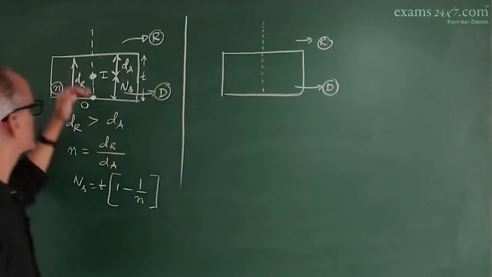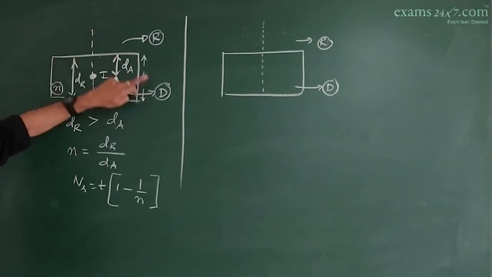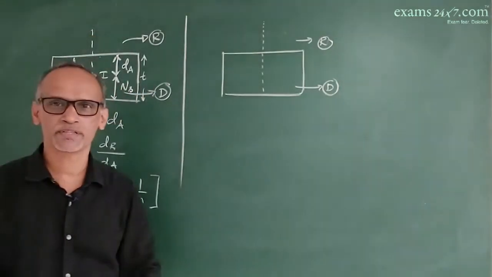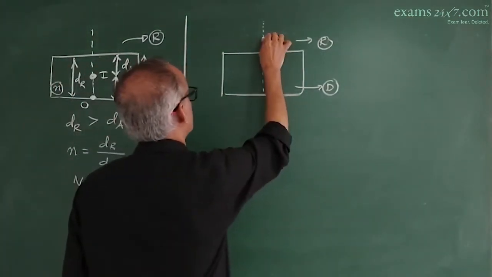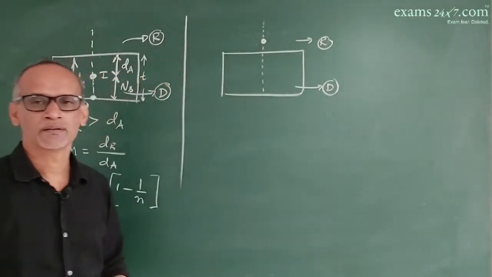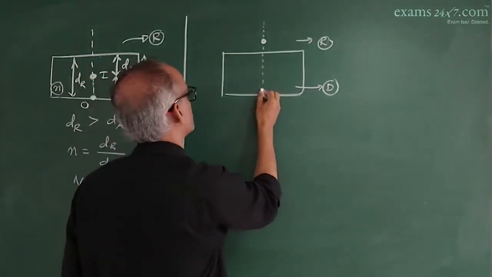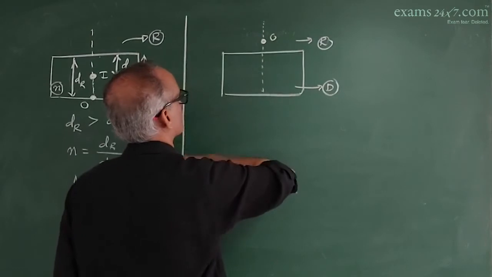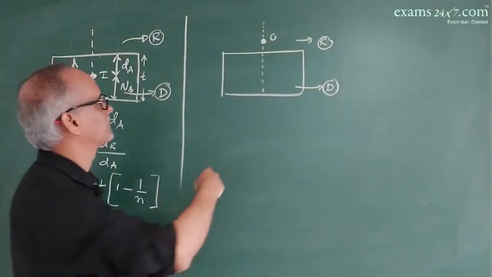So when the observer is in the rarer medium and the object is in the denser medium, the object appears to be raised. Here, if the object is in the rarer medium, when viewed from the denser medium, so this is the object now, then it appears farther.